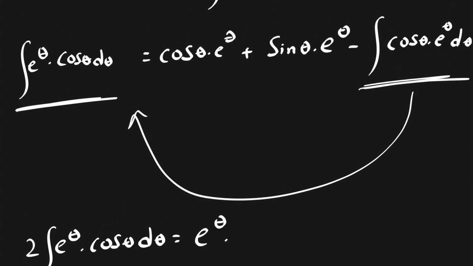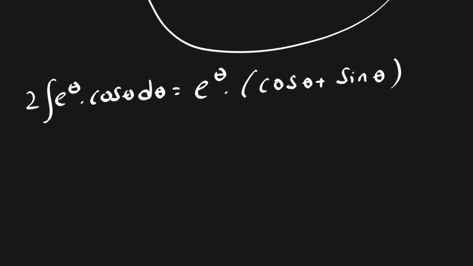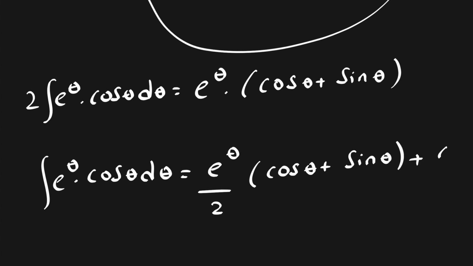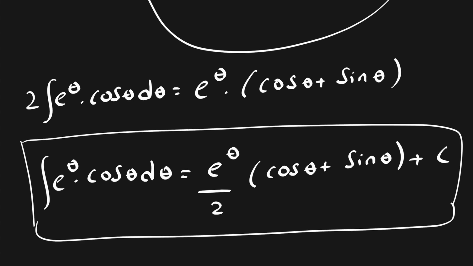If I take e to the power of theta common from both of the terms, it will become e to the power of theta times cos theta plus sine theta, and integral e to the power of theta cos theta d theta is e to the power of theta by 2 times cos theta plus sine theta. Since this is an indefinite integral, we would have to add an arbitrary constant. So integral e to the power of theta cos theta is e to the power of theta divided by 2 times cos theta plus sine theta.